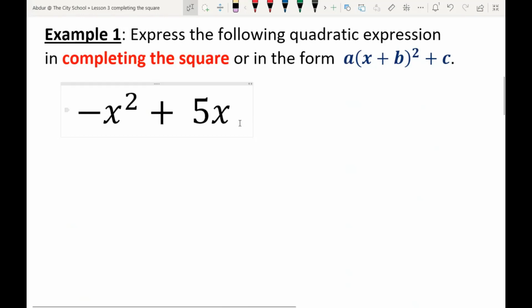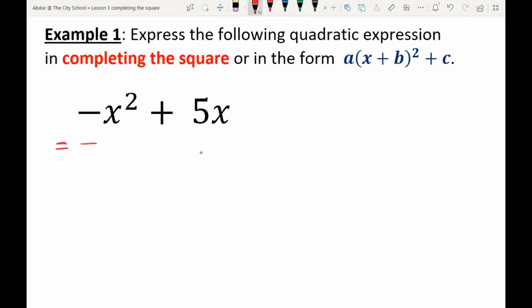So the first step is you have to write x square as positive, as coefficient of positive 1. It means you have to remove this negative sign. So the first step is you have to take common minus.